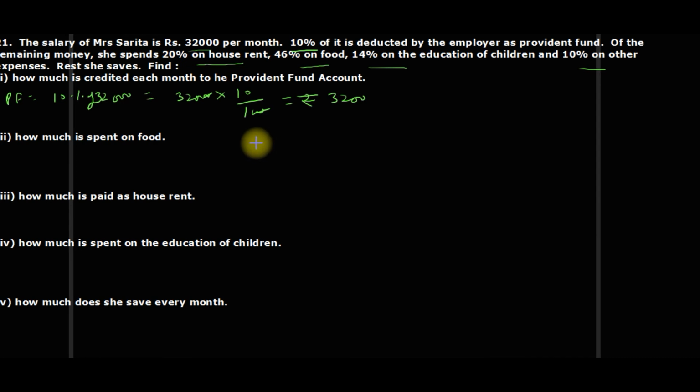of the remaining money? Now remaining money would be: total money is 32,000. 10%, 3,200 is spent on this PF, and minus 20% is spent on house rent.